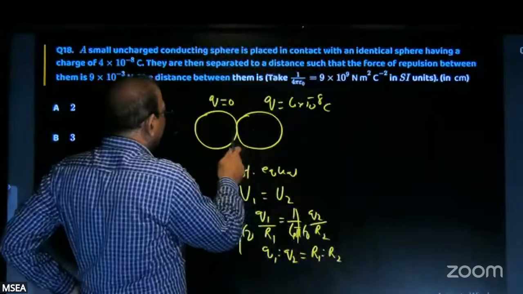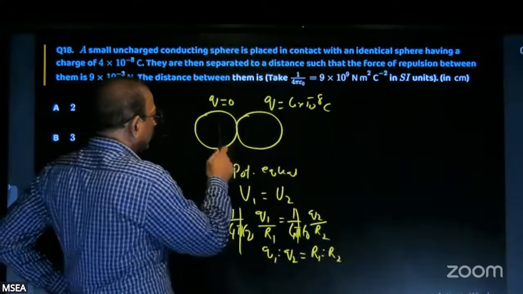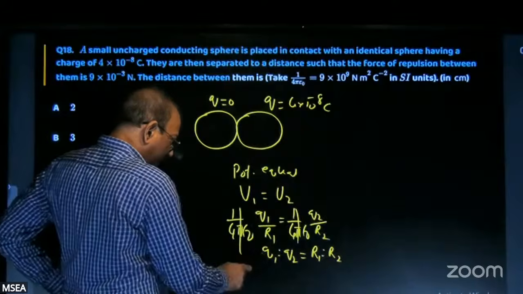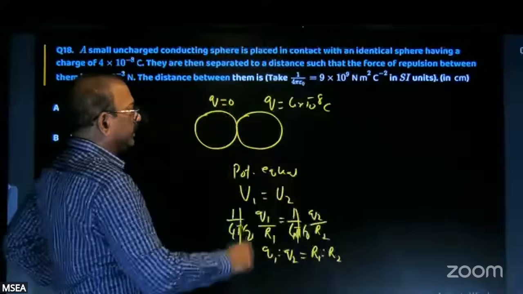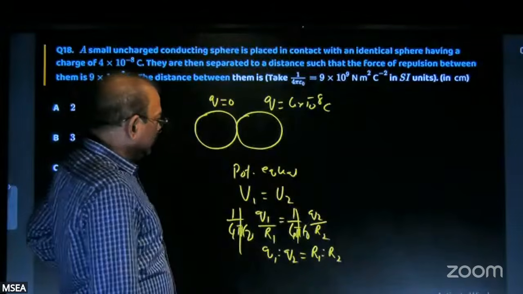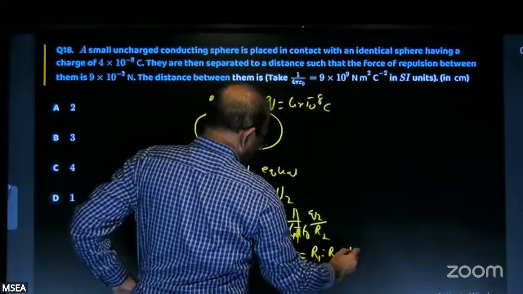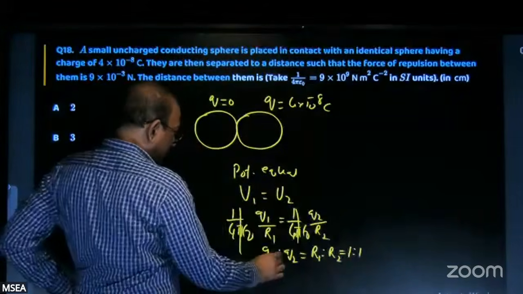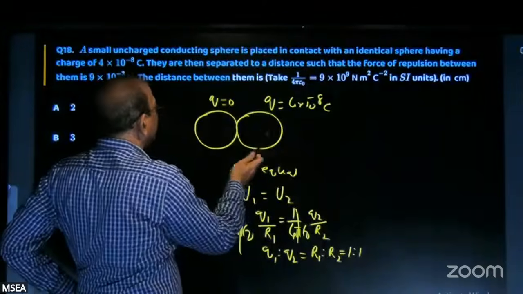Means the charge is redistributed among them in this ratio. Whichever sphere has more radius will gain more charge, and whichever has less radius will have less charge finally. But in this problem, they are identical spheres. Means radius is 1 is to 1, so charges also 1 is to 1. Means they will share this charge equally.